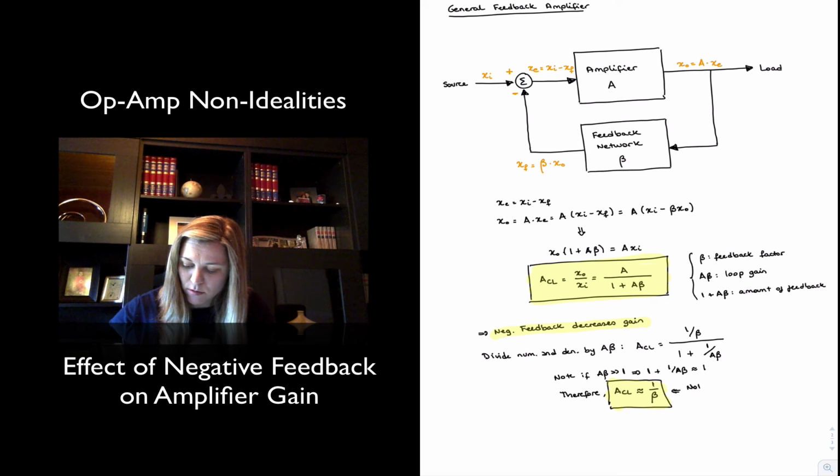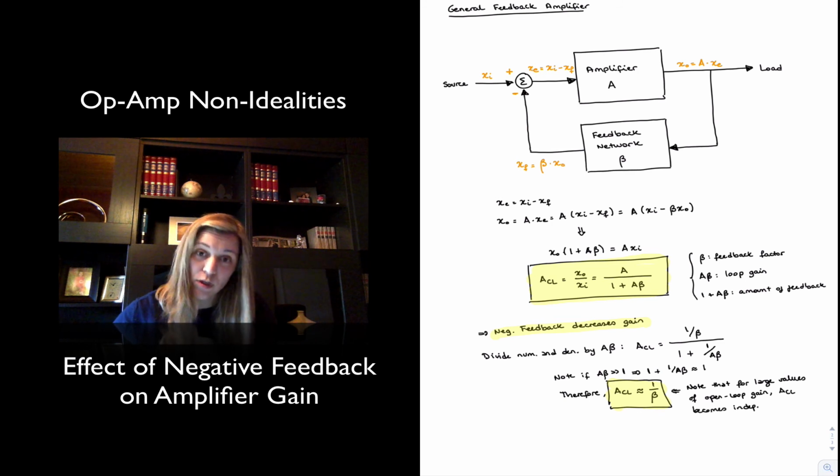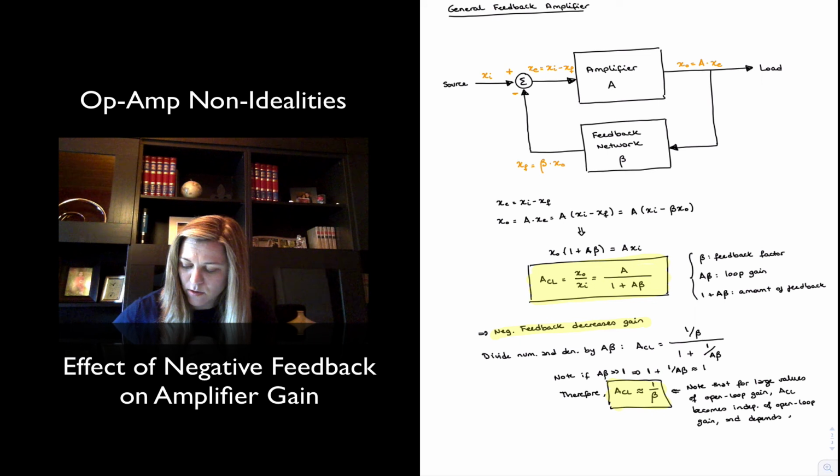And so note that for large values of open loop gain, ACL, the closed loop gain, becomes independent or almost independent of the open loop gain, and depends only on the feedback network.